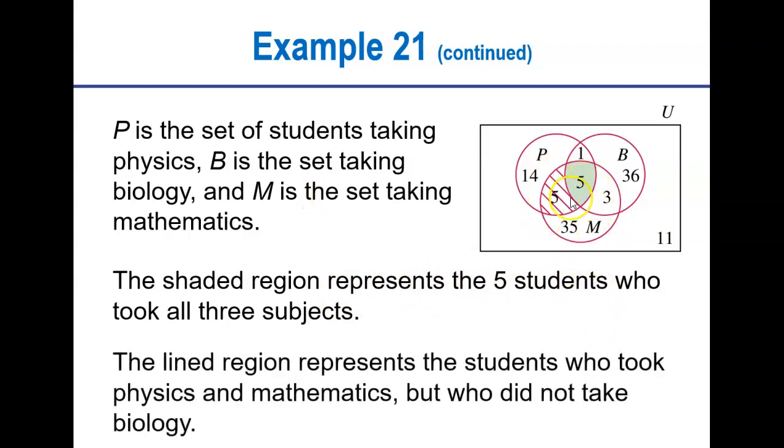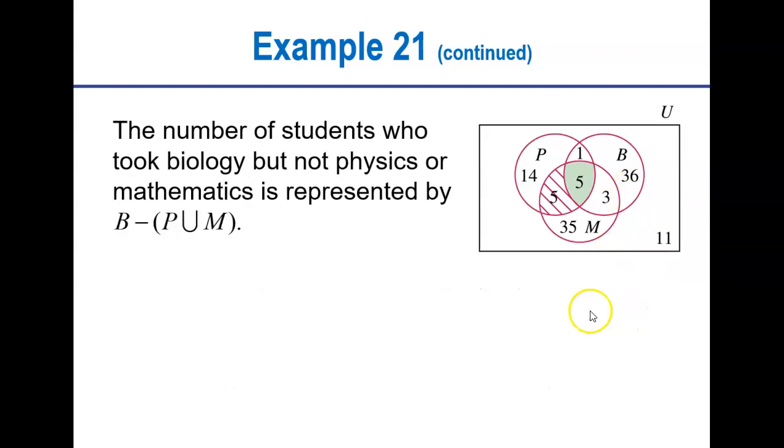The lined region represents the students who took physics and mathematics, but who did not take biology. The number of students who took biology, but not physics or mathematics, is represented by the set difference of B to the quantity set P union M.